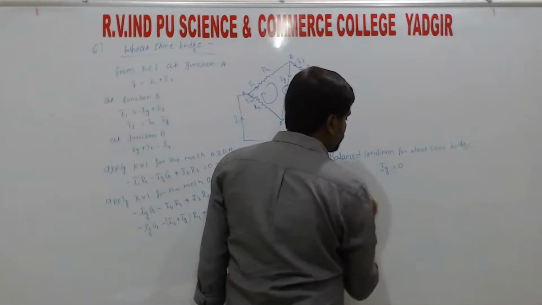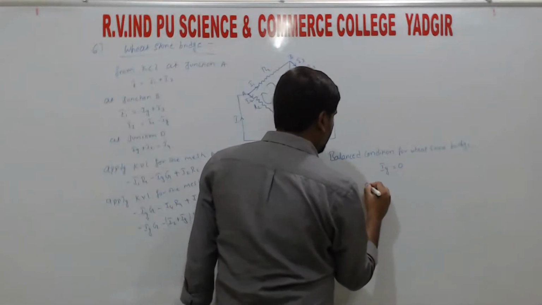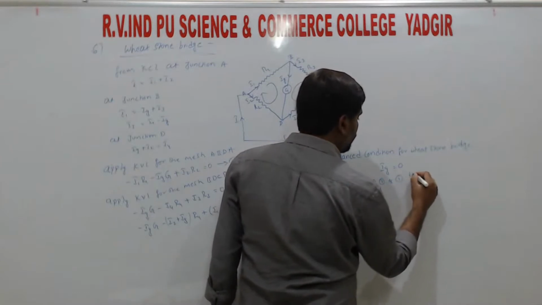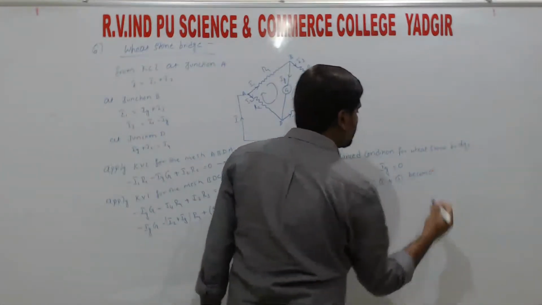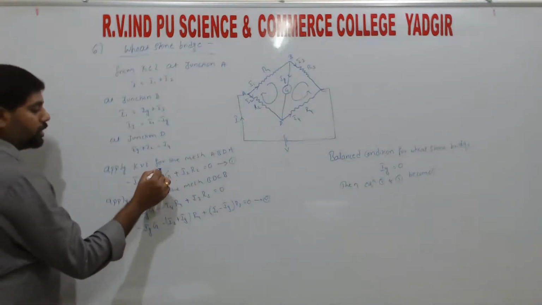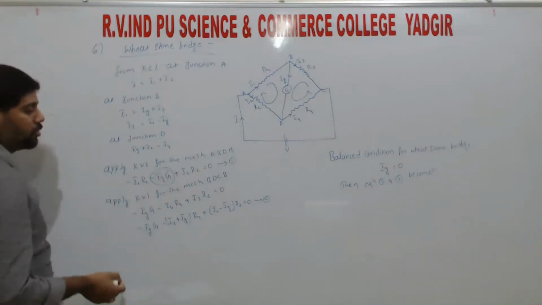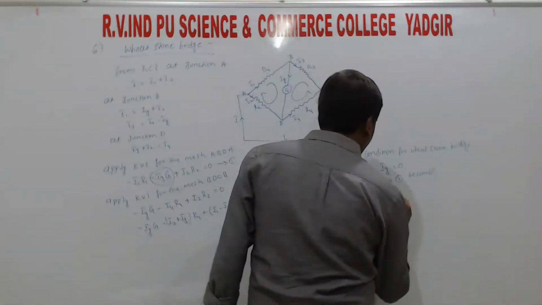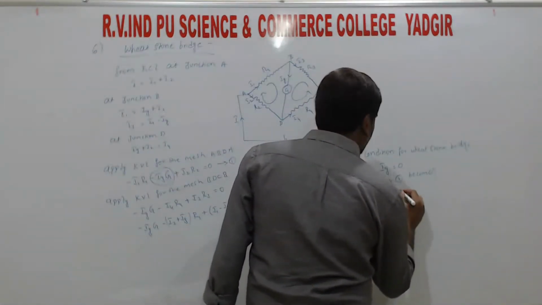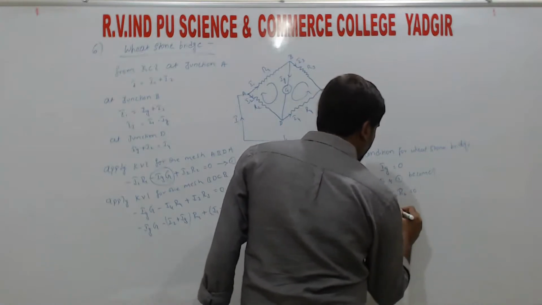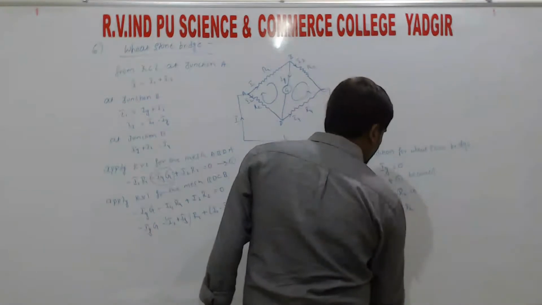So IG is equals to 0, then equation 1 and 2 become, right? Wherever IG is there, substitute 0. So 0 into G becomes 0, so that becomes minus I1 R1 plus I2 R2, that is equals to 0. So I1 R1 is equals to I2 R2, right?